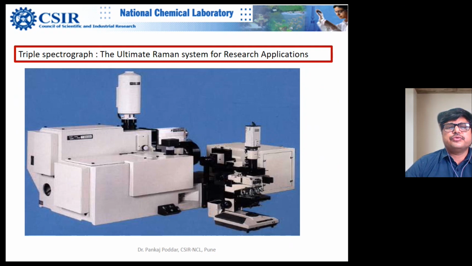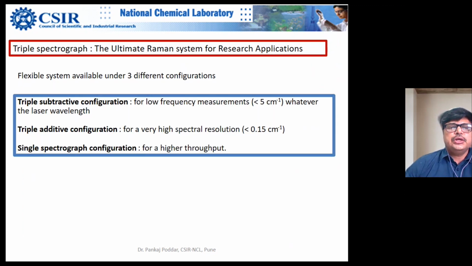So this is a photograph of the ultimate Raman machine with three triple monochromators. As I mentioned, there is an additive one. The additive one can improve the spectral resolution down to 0.1 centimeter inverse. But the single spectrograph configuration, which most labs have, is also very good because it's very fast.